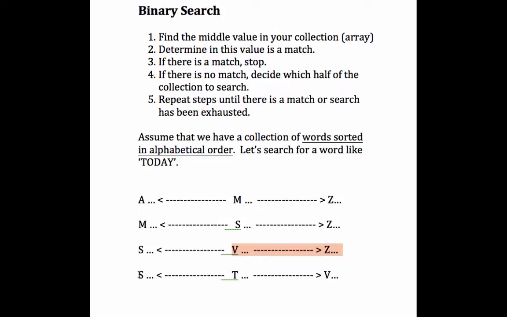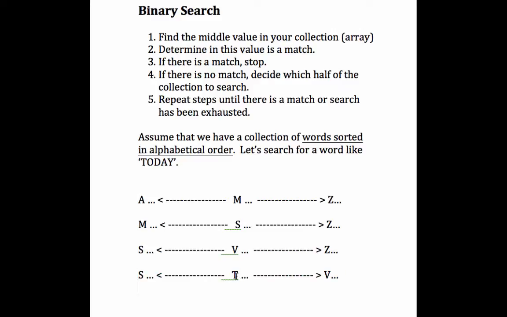So now I'm left with all the words that start with S all the way through the words that start with V. So you can see that I'm narrowing the space where today is likely to be found. And then I go and figure out what the middle element is.